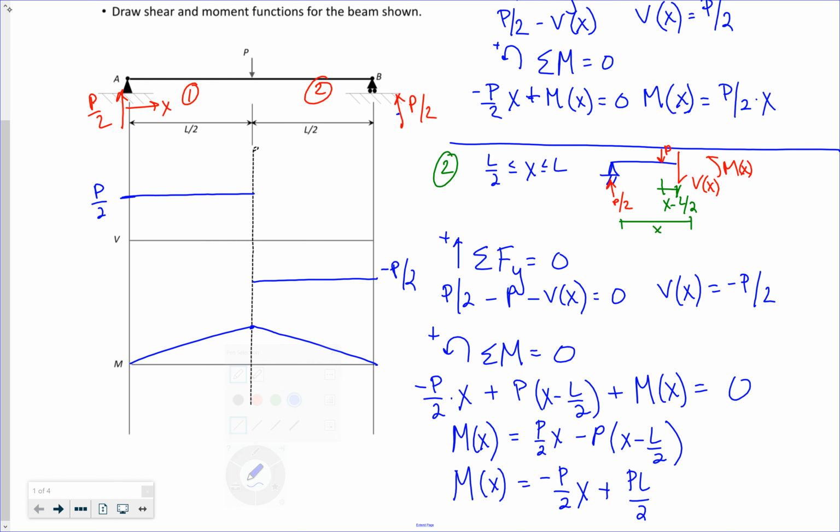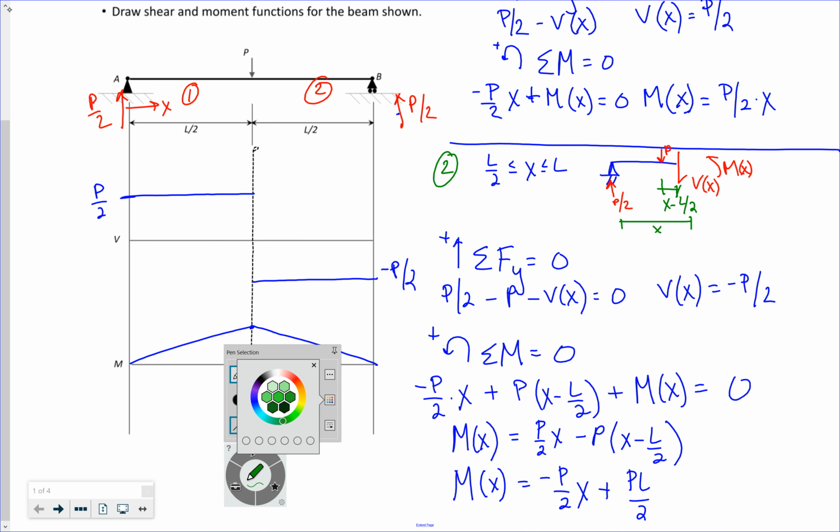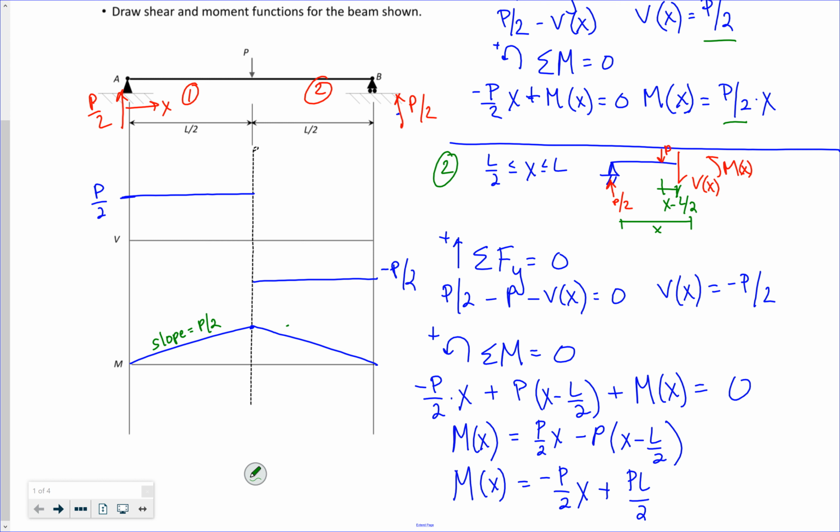You'll notice the slope of the shear, right? The slope of the moment, sorry. P over 2 is equal to the shear, right? Slope P over 2, slope minus P over 2. You'll notice that this difference is P over 2 minus negative P over 2.